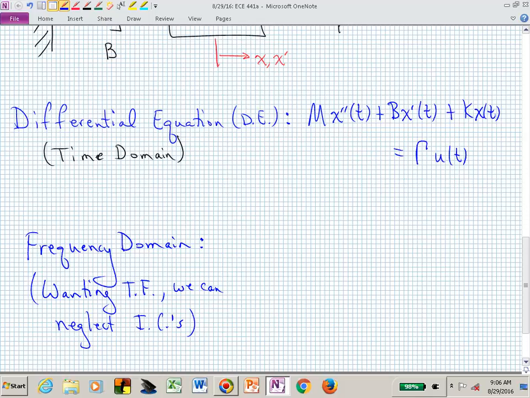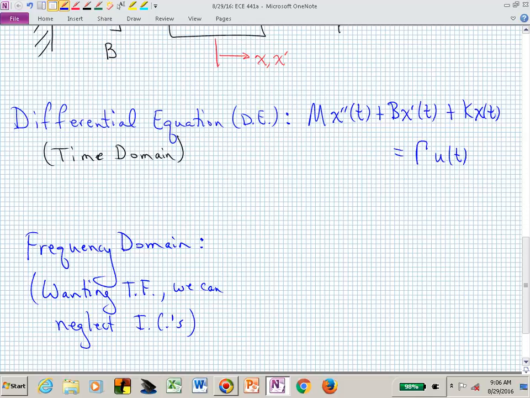And what we need to remember is how to transform derivatives from time domain and get those into the frequency domain. So if I have a derivative in the time domain, what does that look like in the frequency domain? That's multiplication by s. And if I have two derivatives, now I'm multiplying by s squared. Three derivatives, s cubed.